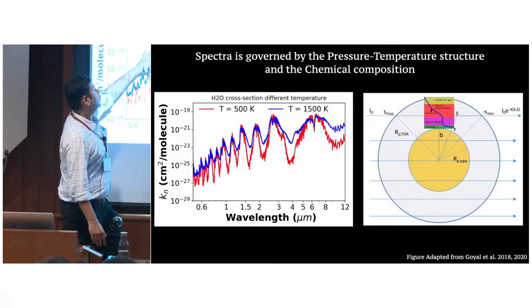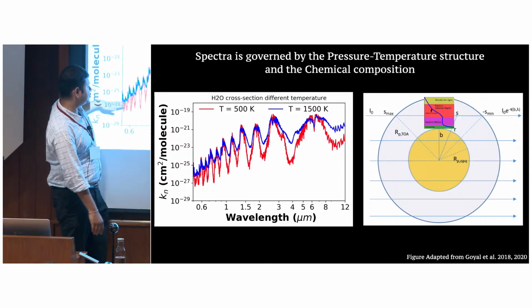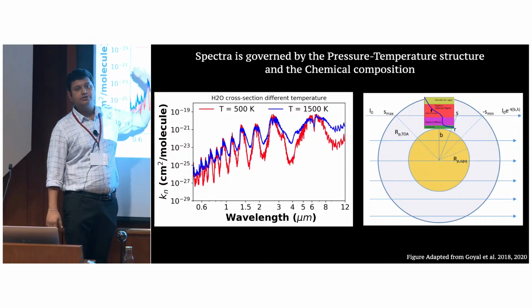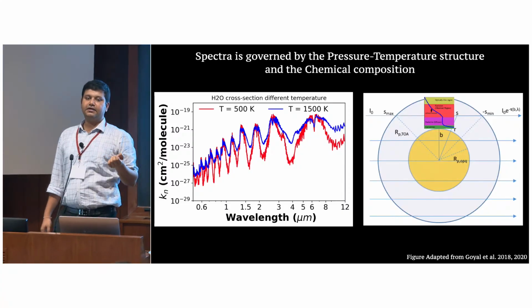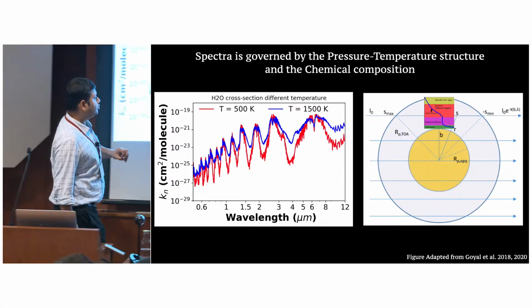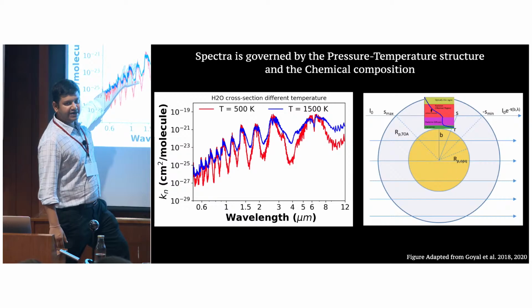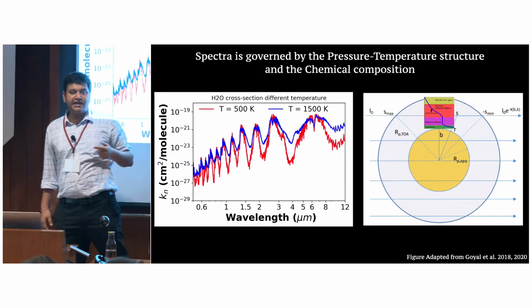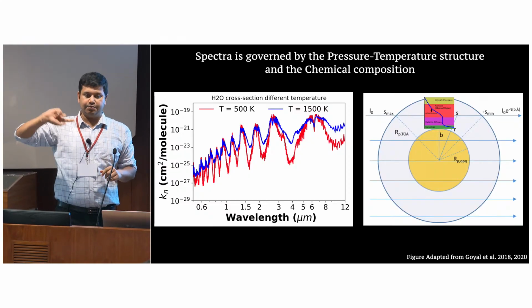Here we have water at 500 Kelvin and 1500 Kelvin. You see the absorption cross section of water is very different at these two temperatures. So if we are detecting, in the transmission spectrum, a model that includes water at 1500 Kelvin, it will have a different signature than at 500 Kelvin. Using this, we can actually constrain the temperature pressure structure of the planet's atmosphere.